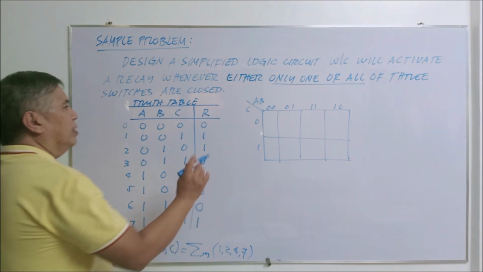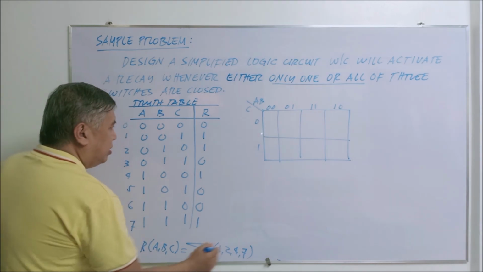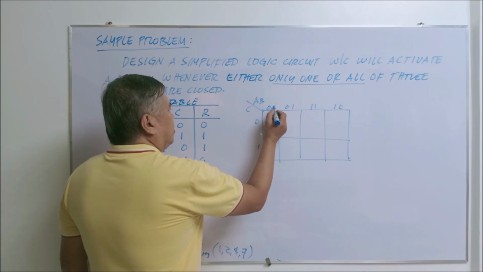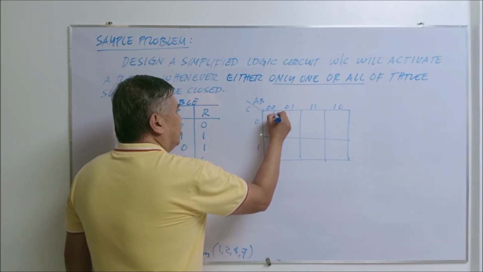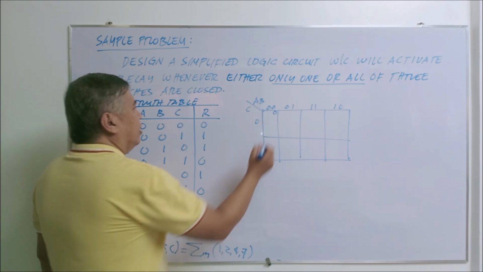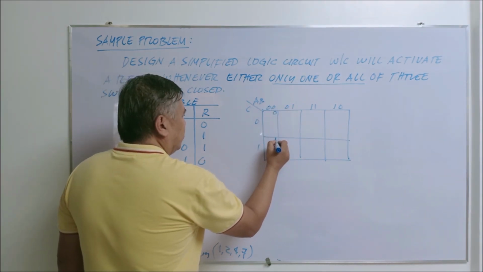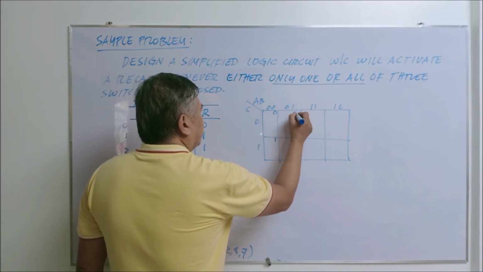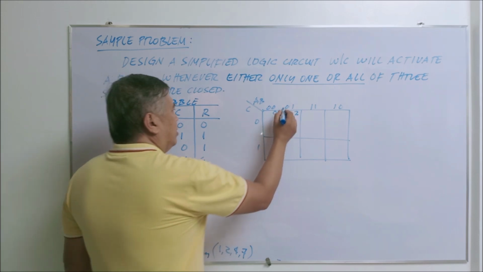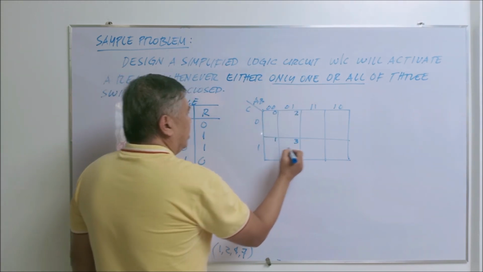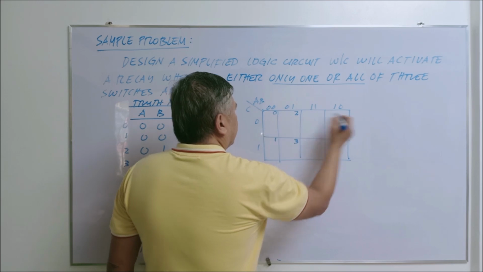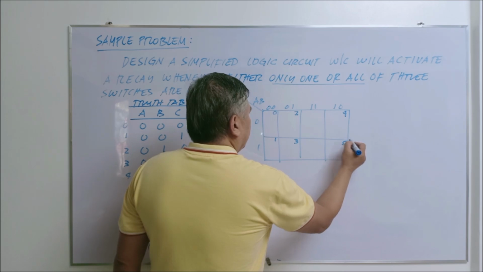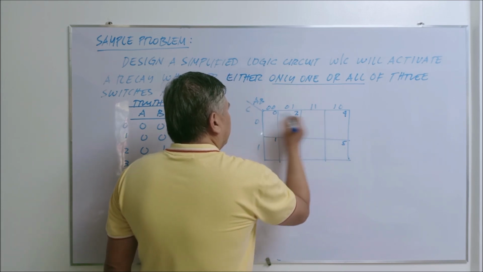Now, how do we locate this decimal equivalent in our map? This is 000, which is 0 in decimal. 001 is 1. 010 is 2. 011 is 3. 100 is 4. 101 is 5. 110 is 6.